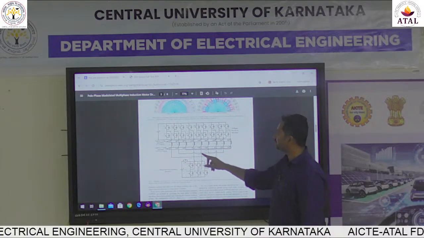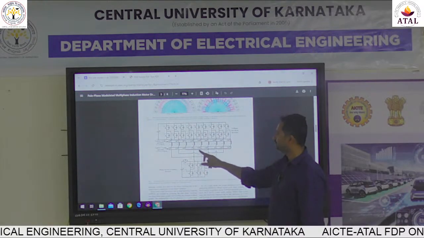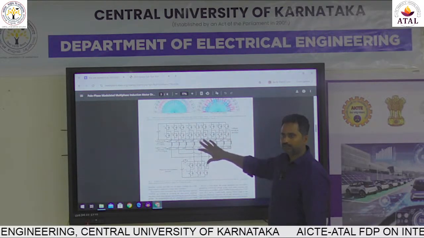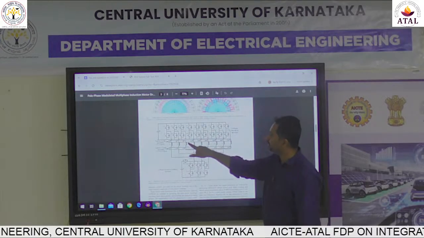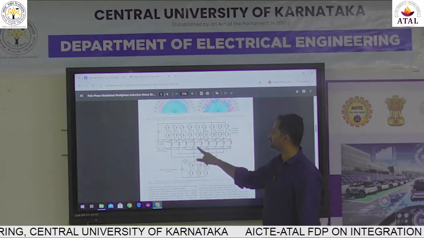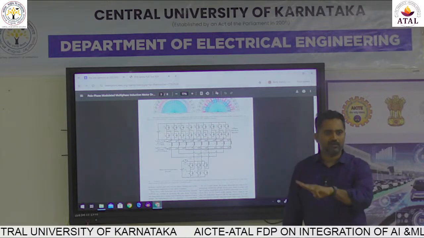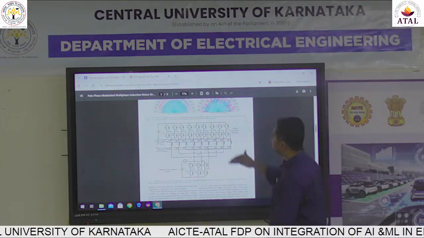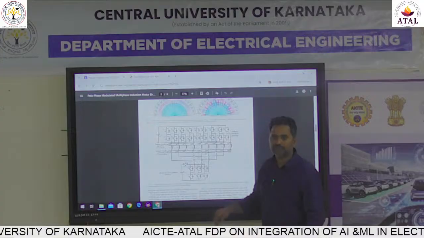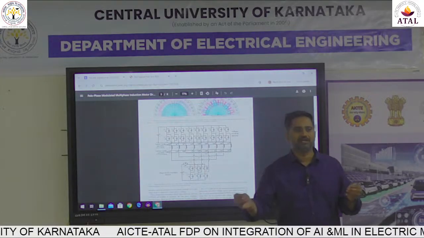The 120s are also connected, and you can see the 240 node is also connected. Although it appears like 9 windings, these zeros are one and the same, and these 120s are one and the same. That means this is one side inverter, this is another inverter, and this becomes an open end winding multi-level inverter.